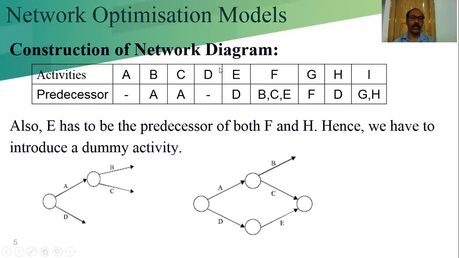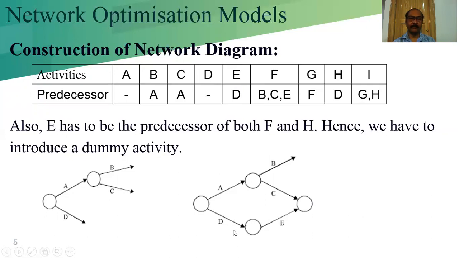Now we are considering this, 4 is already done. Now E is the activity whose predecessor is D. This is the D. So from where the D is entered, from that E will be going out.